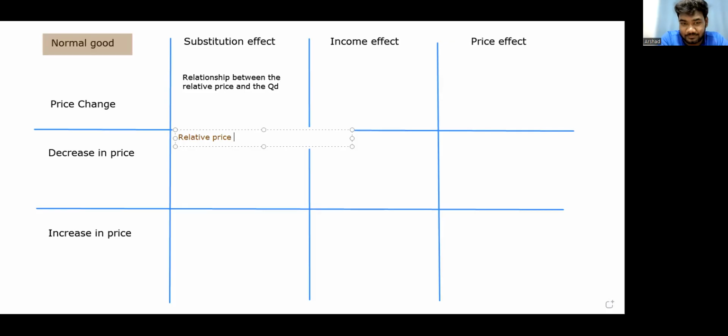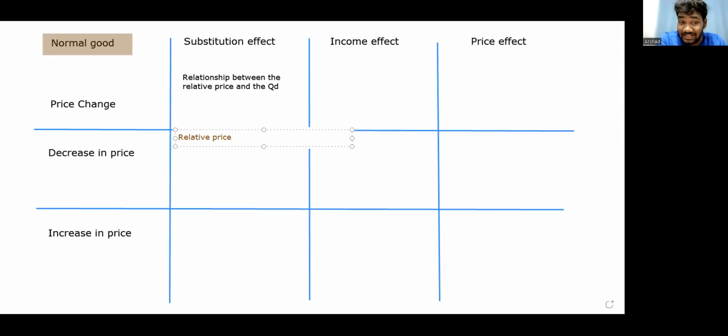When the price of a good decreases, its relative price decreases or increases? Just quickly give me an answer. Does the good become relatively cheaper, meaning relative price goes down, or does the good become more expensive?